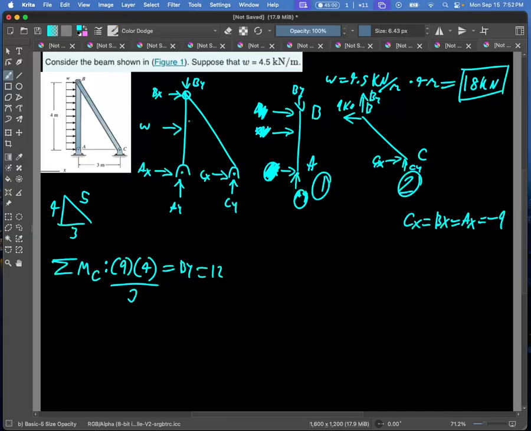And if we do the sum of the forces in the y, 12 plus AY equals 0, so 12 equals negative AY, so we can say that AY is negative 12.